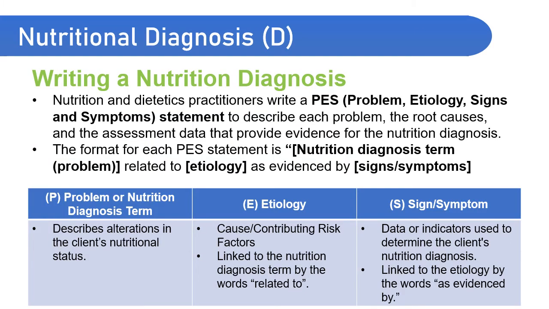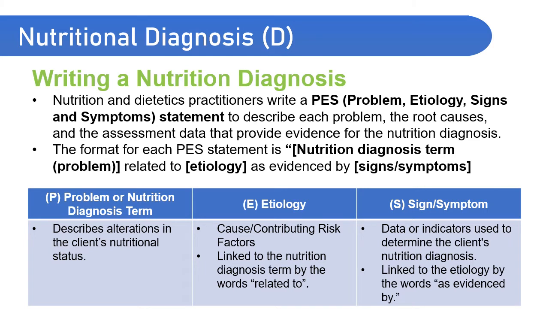So, nutrition and dietetic practitioners write the nutrition diagnosis through a method we call PES, which consists of problem, etiology, and sign and symptom.